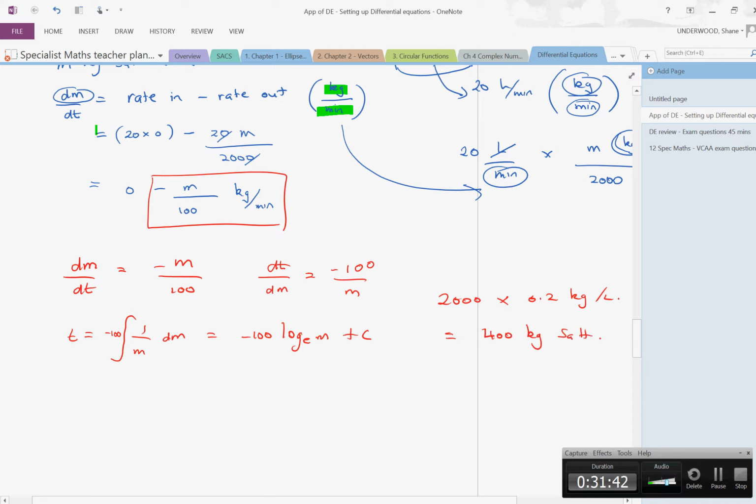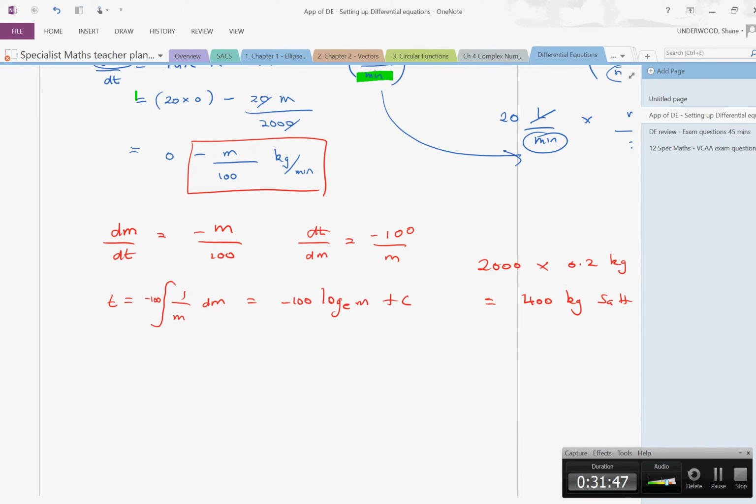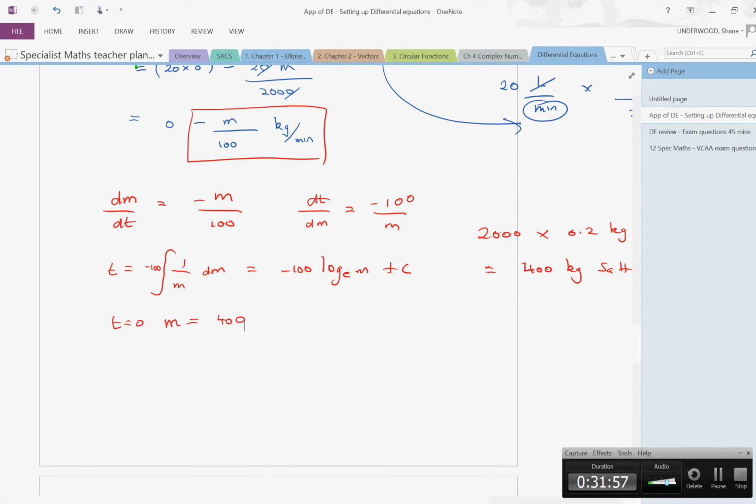That's our initial condition. So at t equals 0, m is equal to 400. Now we can solve for that: 0 equals negative 100 log e of 400 plus c, so c is equal to 100 log e of 400.